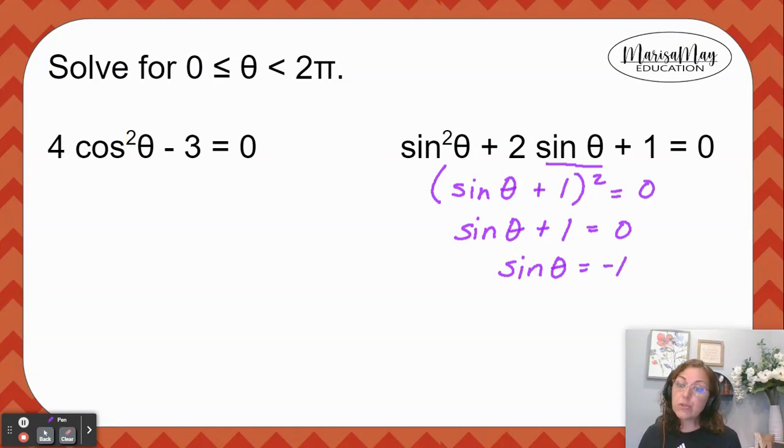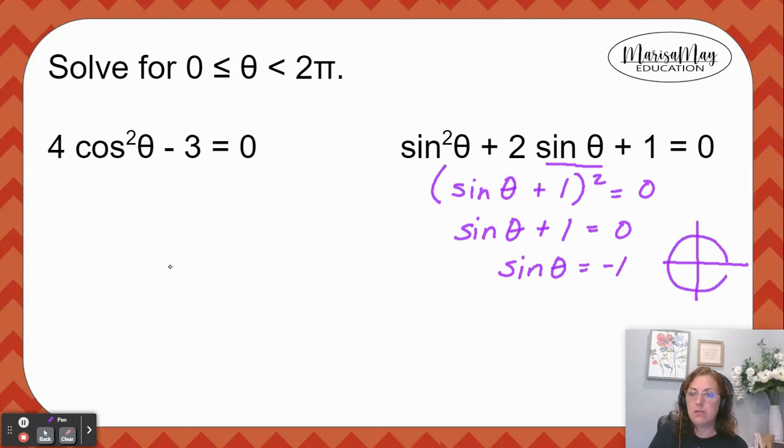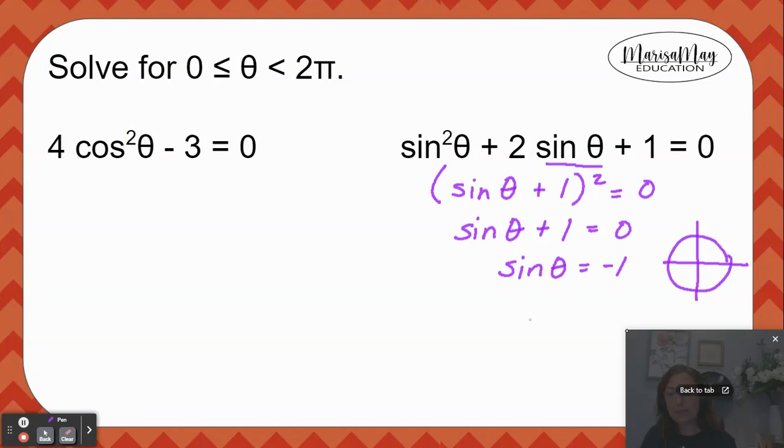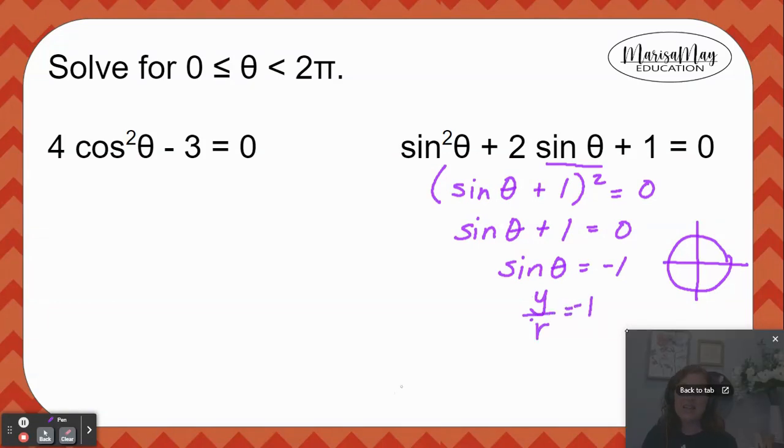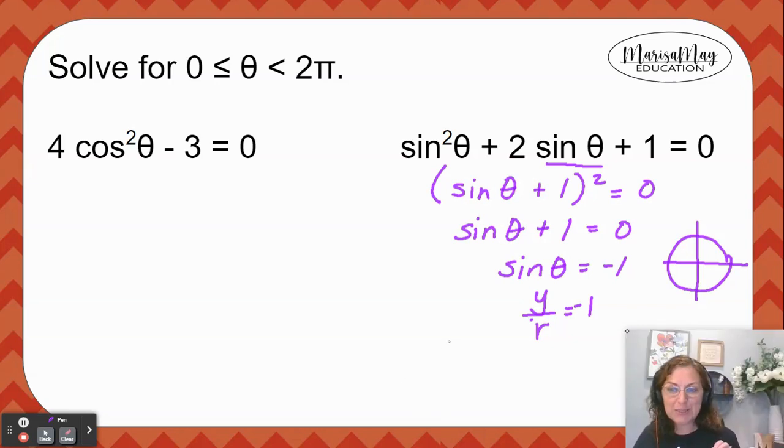Now, something to consider is that we know sine is 1, -1, or 0 only at the axes on our unit circle. So I want you to think about, okay, sine is y over r equals -1. Remember, in your unit circle, the radius is always 1.